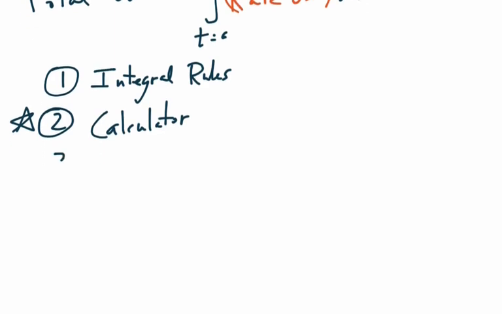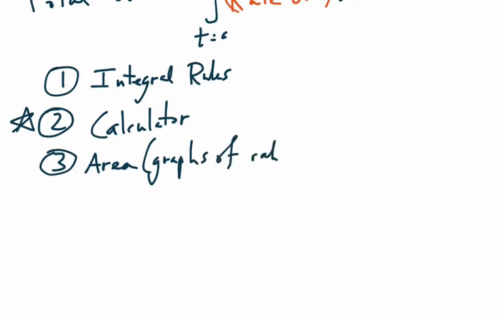But for the most part, you would use a calculator. Third, if you had graphs of the rate functions, and that graph had a specified area that was geometric, then you would actually find the area, because the integral is the area.